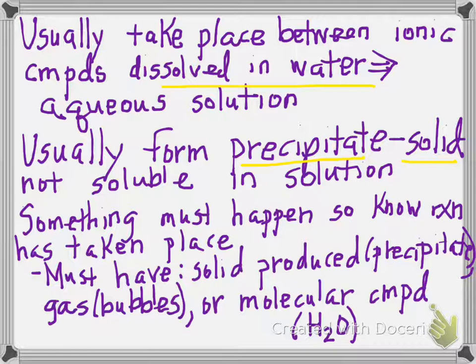Most commonly, we have a solid produced, or that precipitate. That's what happens most often. However, we also could have bubbles produced, which tells us we've produced a gas, or we have a molecular compound. One of those three things has to take place so that we know that a double replacement reaction has taken place.